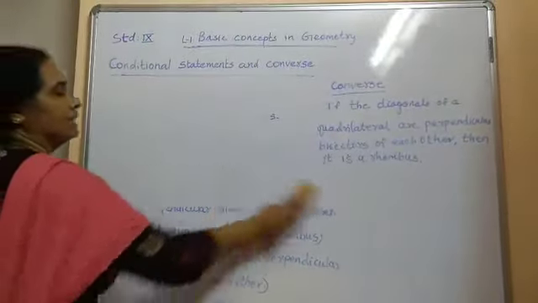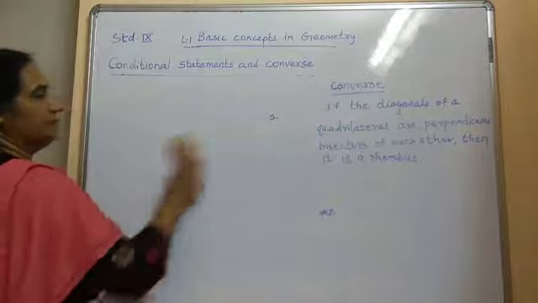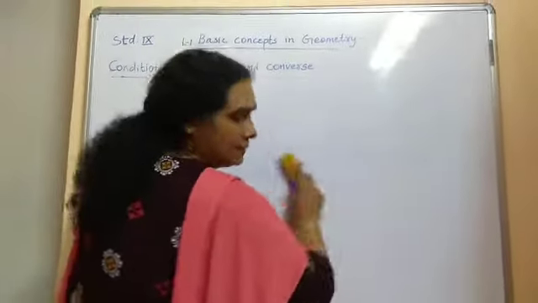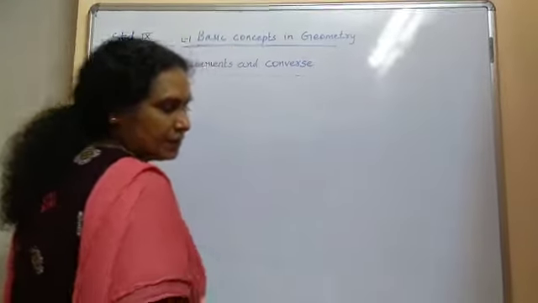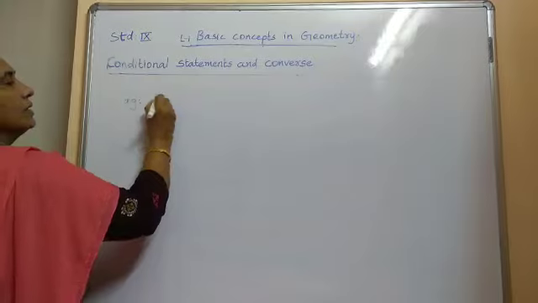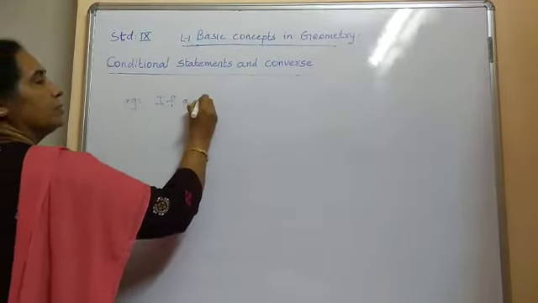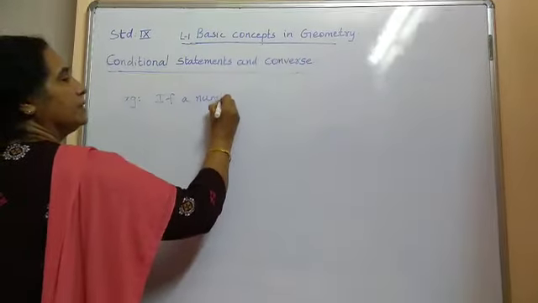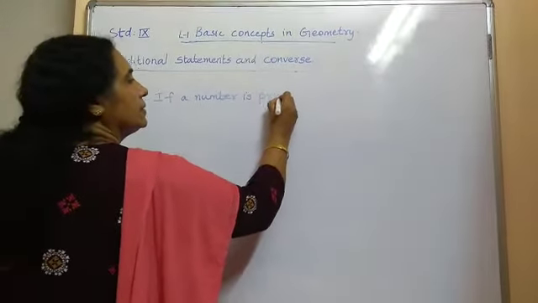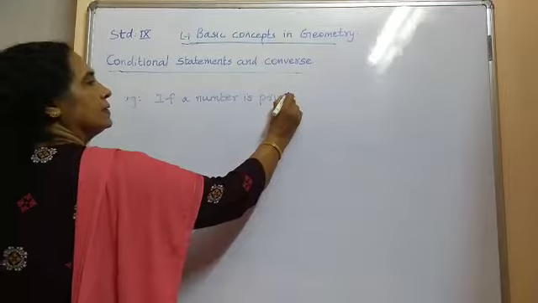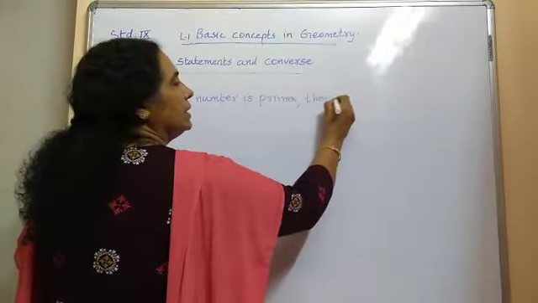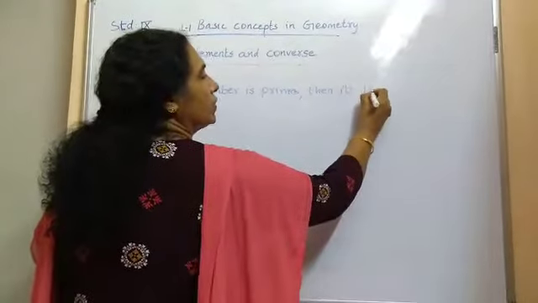Now, let us consider another example. If a number is prime, then it is even or odd.